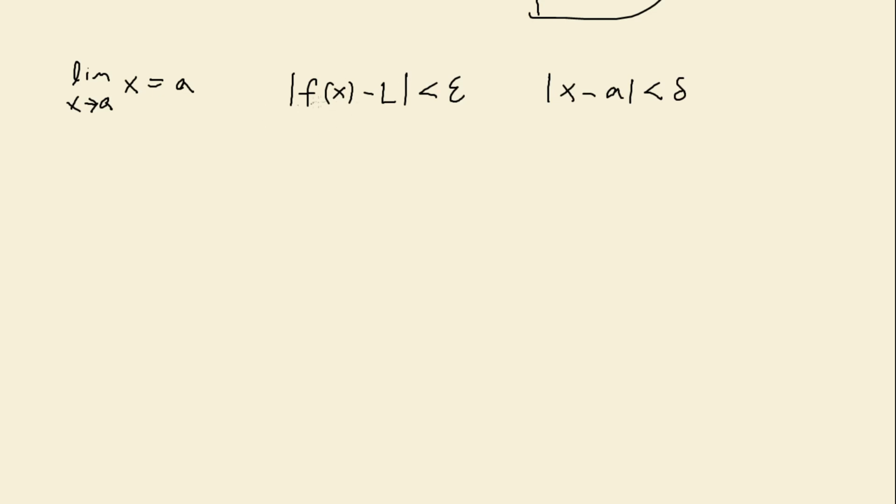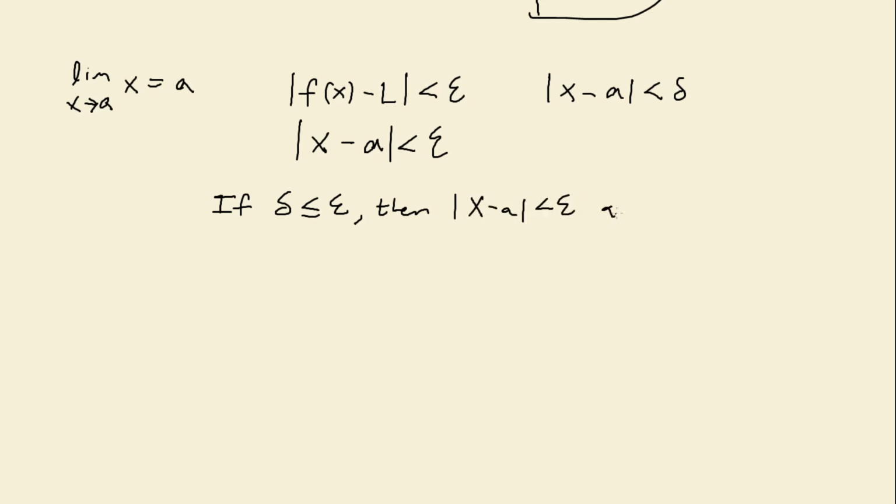If we plug in our numbers here, f of x is going to be just x, and our proposed limit is going to be a. And what we notice is that this looks strikingly similar to our inequality with delta here. And so if we say that delta is less than or equal to epsilon, then the absolute value of x minus a will be less than epsilon, and the absolute value of x minus a will be less than delta, and this property is true.